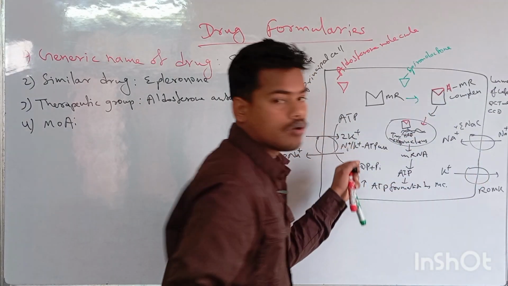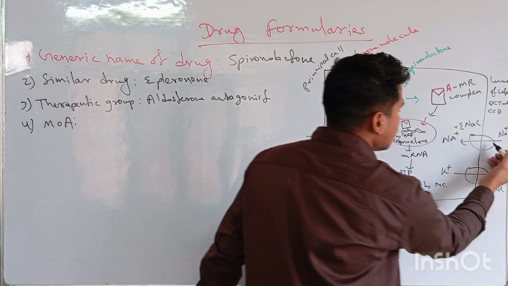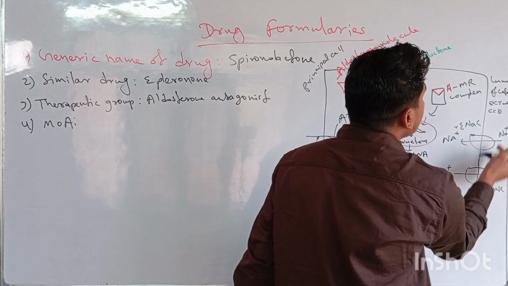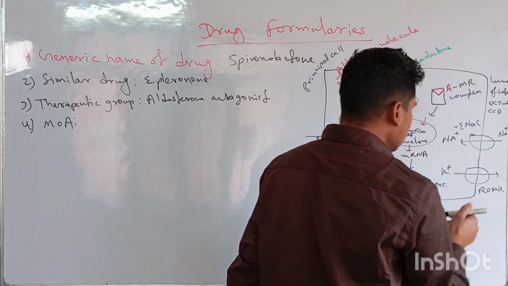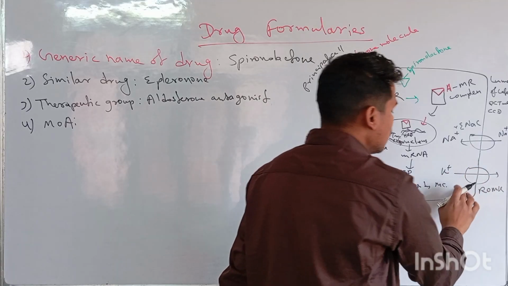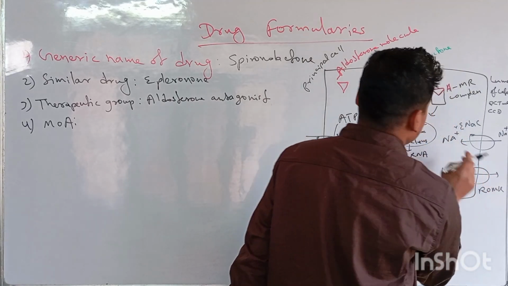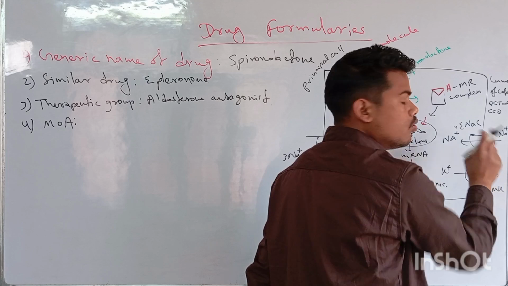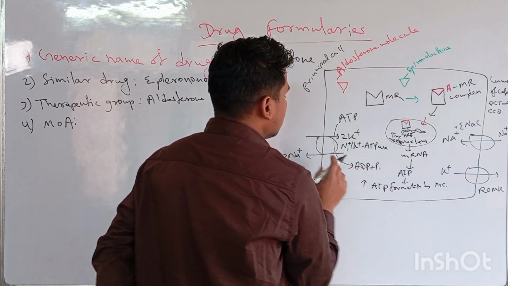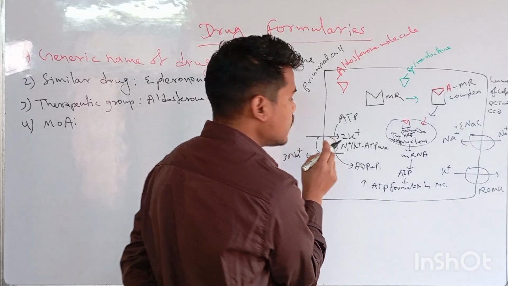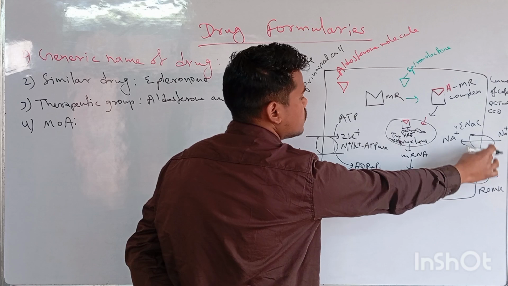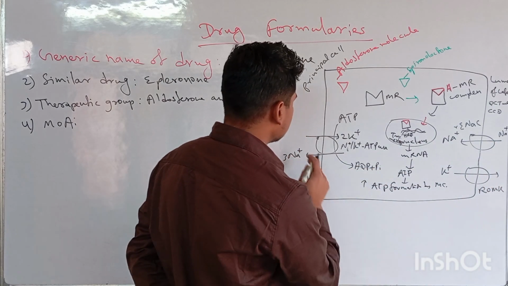All this mechanism is for reabsorption of sodium from the lumen of late DCT and CCD, and expulsion of potassium from the principal cell to the lumen. How does this happen? This is the primary active transport mechanism, and this will be the secondary active transport mechanism.